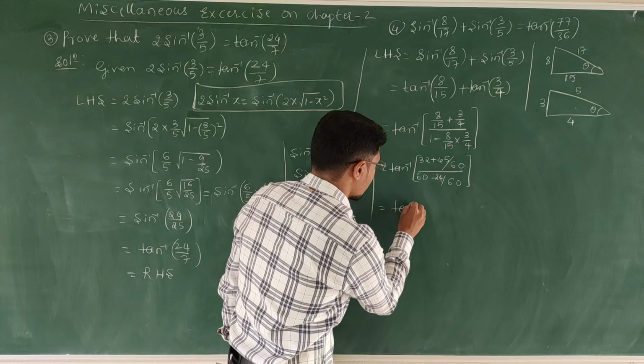Okay, so we know that cos inverse of x plus cos inverse of y is equal to the cos inverse of xy minus square root of 1 minus x square into square root of 1 minus y square. Okay, this is the formula to convert cos plus cos to the cos. Cos inverse plus cos inverse is equal to the cos inverse conversion formula. Okay, so use this formula.